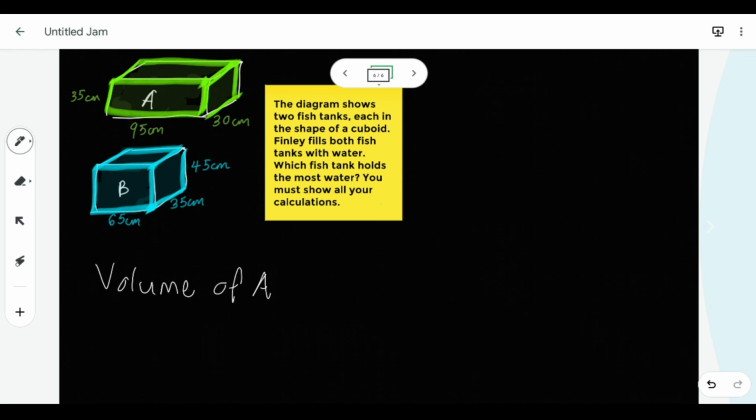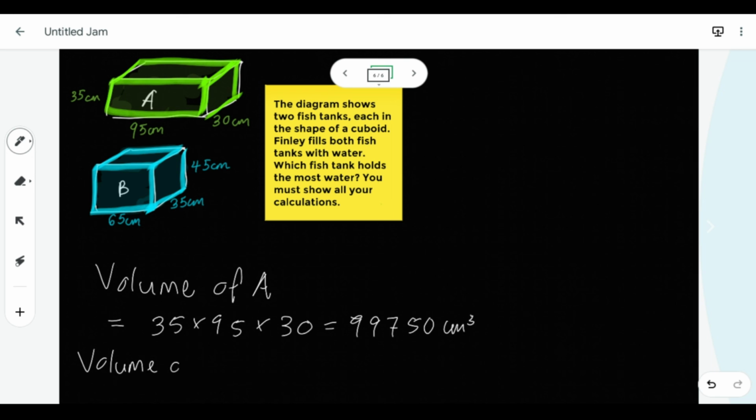So the volume of cuboid A would just be 35 times by 95 times by 30, which is equal to 99,750 centimeters cubed.